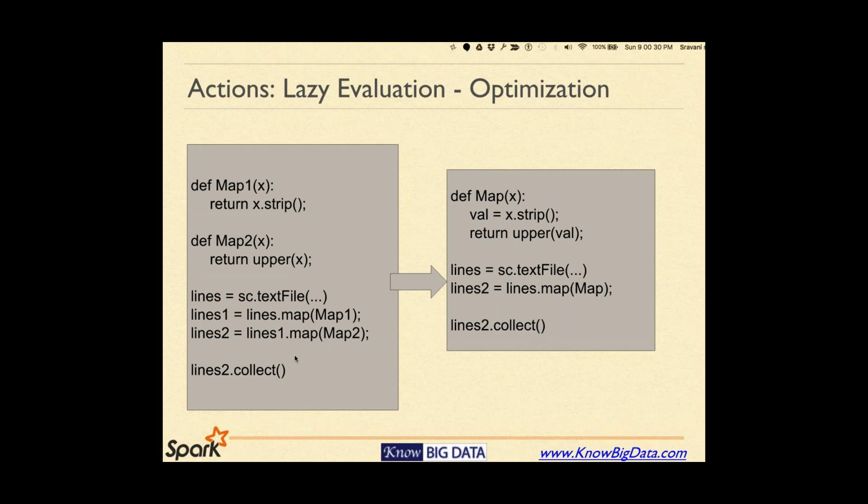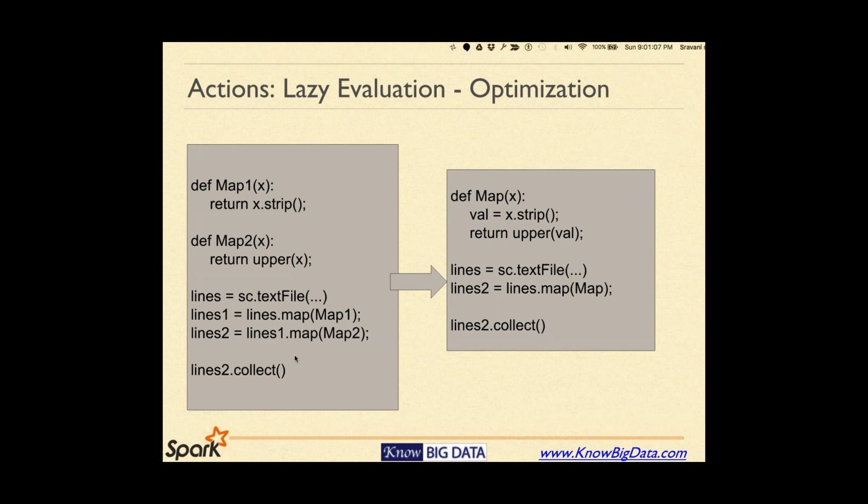Now, when Spark prepares the DAG, it sees that there are two adjacent, neighboring map functions. So it gives an idea to Spark that these two functions could be clubbed together. Instead of running this in two separate phases, it converts them together and runs those two functions in a single shot.